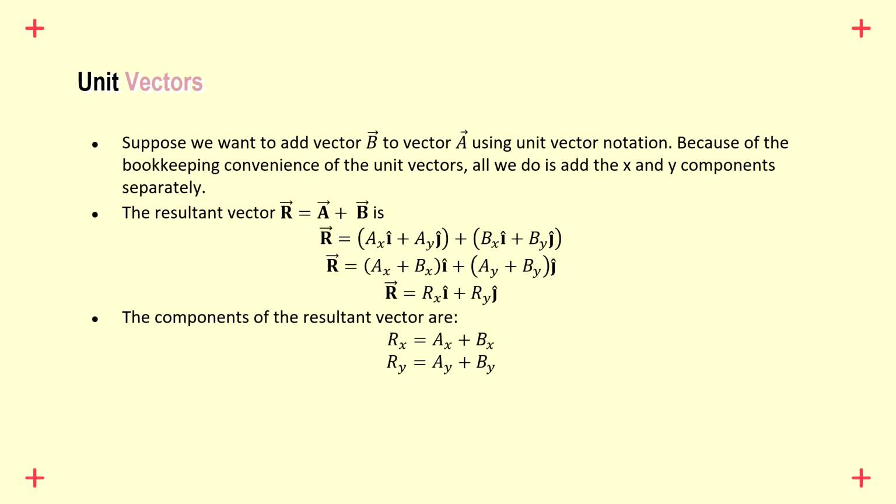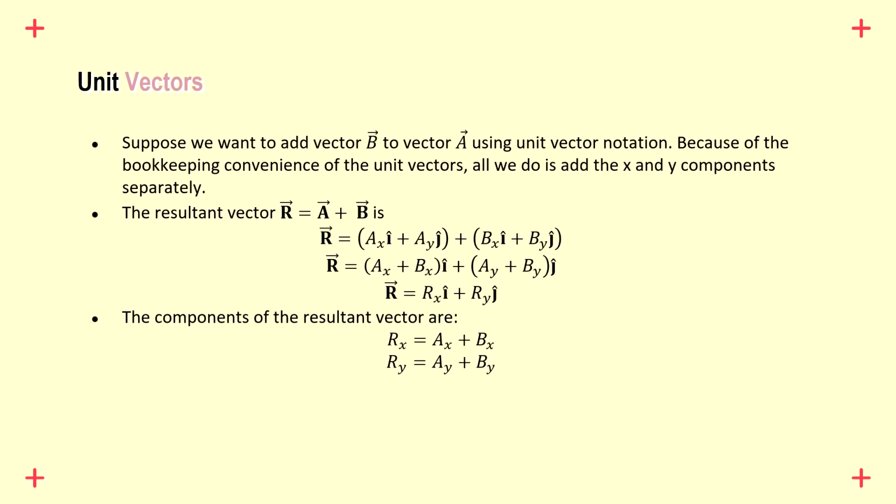So the resultant vector r is equal to a plus b, which is simply r equals ax i plus ay j plus bx i plus by j. So I think you already know where this is going. We just add the similar terms. Okay, so you just add the terms with i, then add the terms with j. So (ax plus bx) i plus (ay plus by) j, and there we have it.